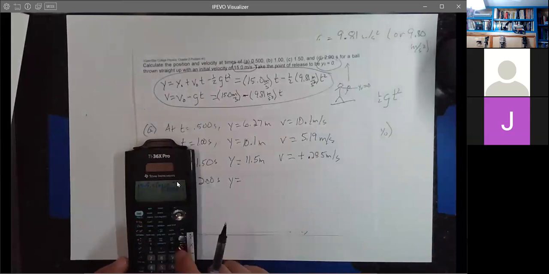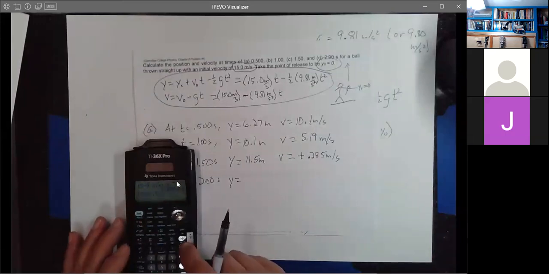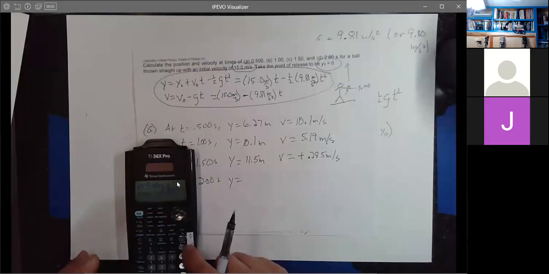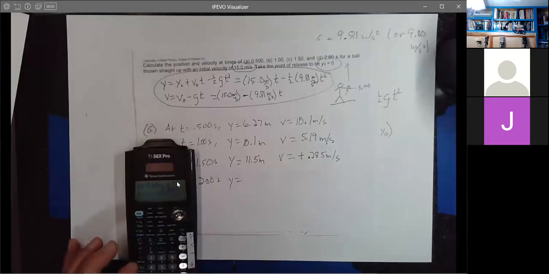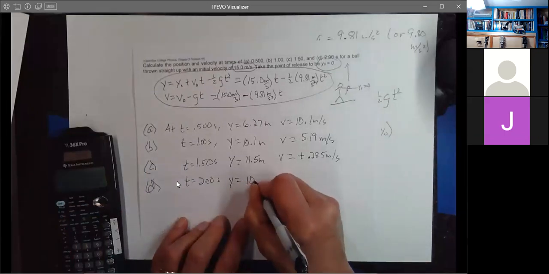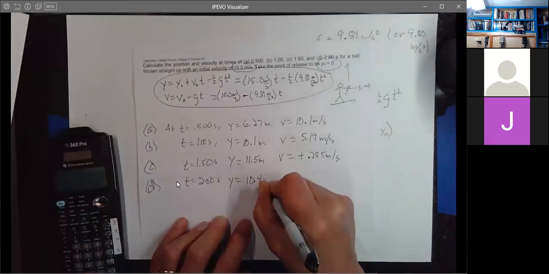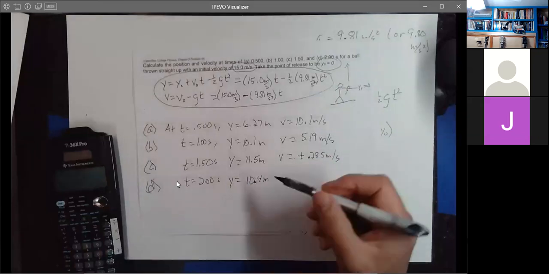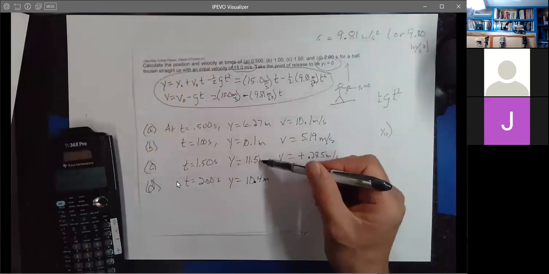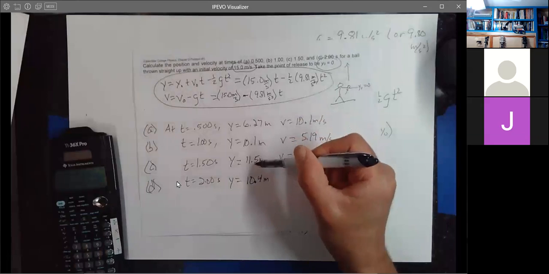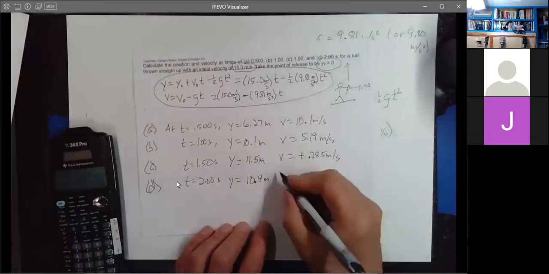So 15 times 2 minus 0.5 times 9.81 times 2 squared. Okay, at that time, I get 10.4 meters, which is less than where it was here. So sometime between here and here, it reversed direction. It was going up all this time. Now it's on its way down.